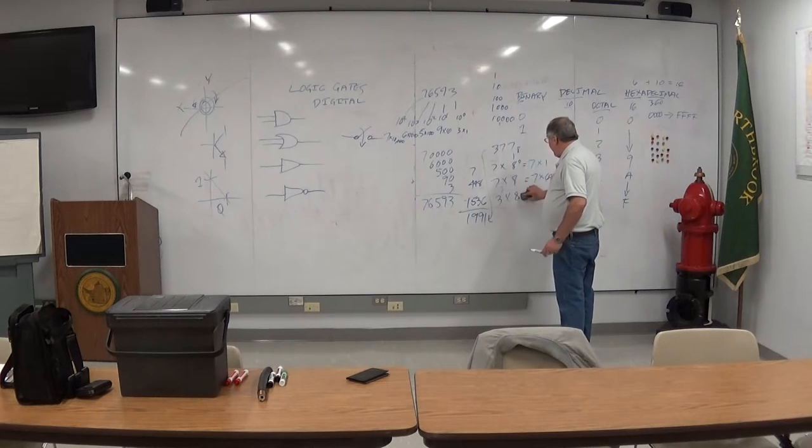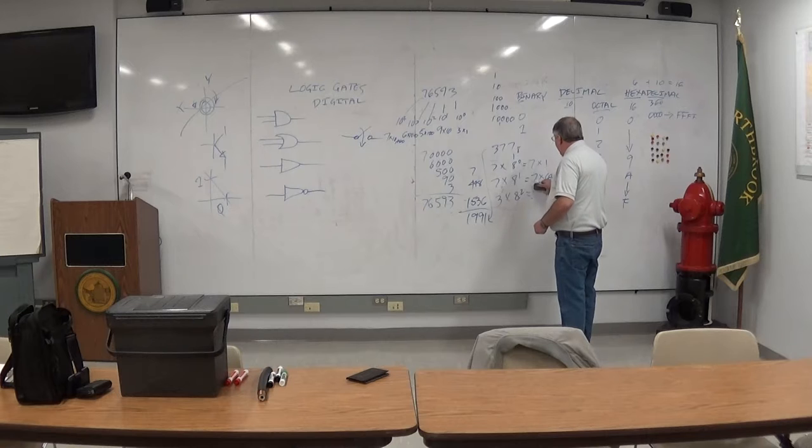I skipped one. This is 8 to the first power, this is 8 to the second power. So I don't need the 512. I just need 7 times 64 and then 3 times 64 and 7 times 8.